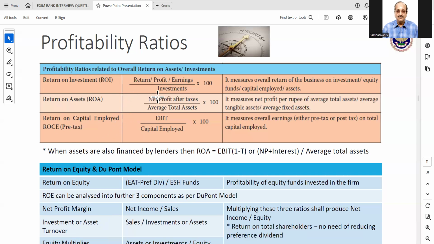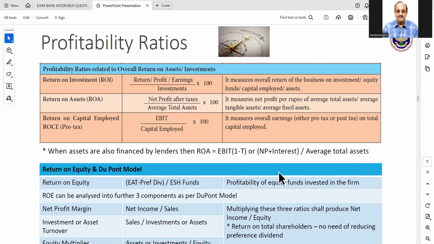Return on investment, then return on assets, these are important. Then return on capital employed: EBIT by capital employed into 100. When assets are also financed by lenders, return on assets is equal to EBIT minus T, or net profit plus interest, divided by average total assets.